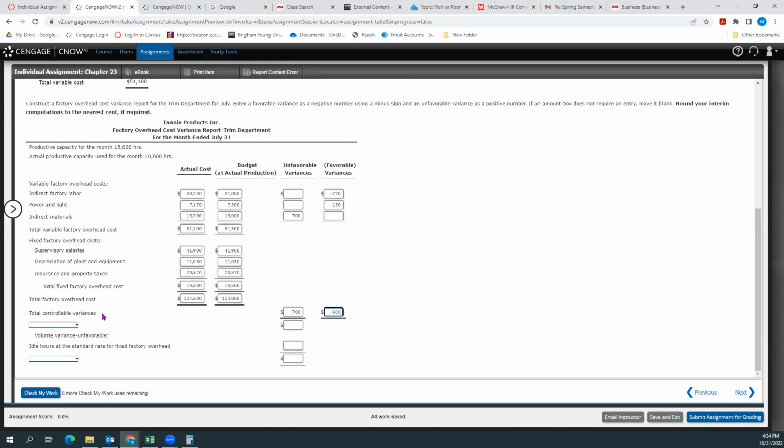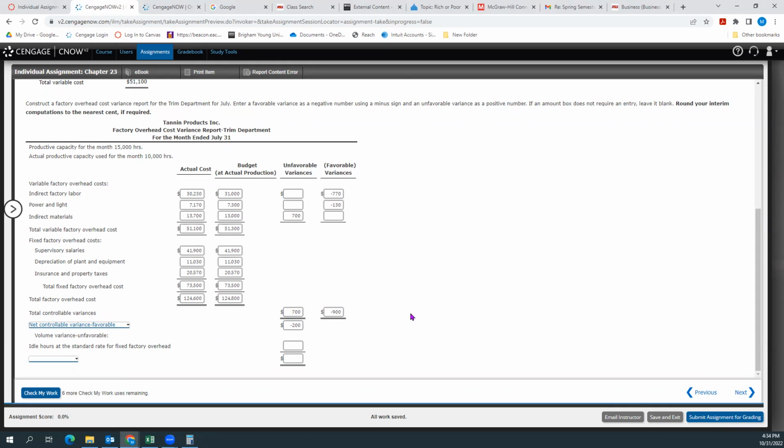Let's see. Oh, no, wait. This is going to be our net controllable variance. And you can see this is going to be favorable. Minus 200. So it's just the balance of these two.